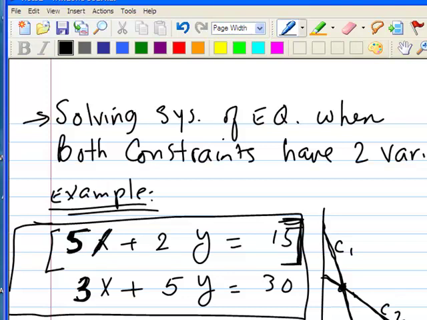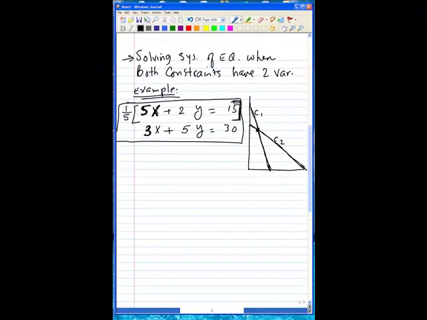Now, if I want to choose x and its coefficient to go to 1, if I multiply that whole constraint by 1/5, or the inverse of 5, I can accomplish that.